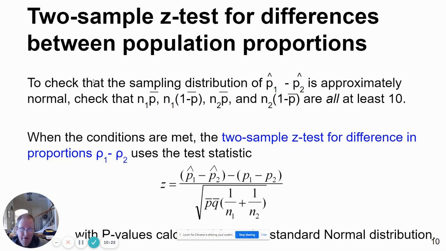And the standard error, what we have there in the denominator, here is where we have to use our pooled proportion. So what you see there in the denominator of our z-test statistic uses the pooled proportion and P bar and Q bar that I described in our previous slide.